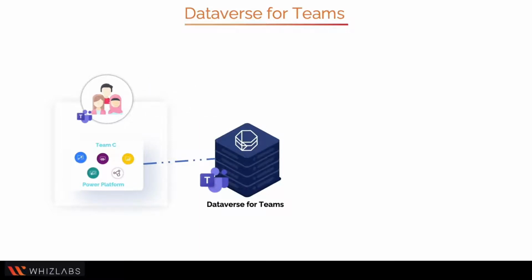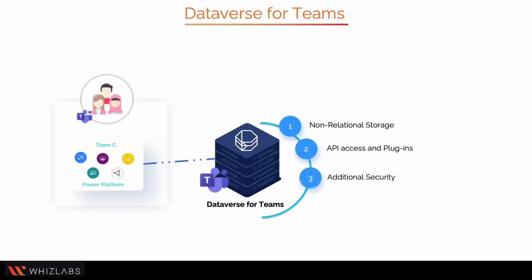You will get one database for one team with Dataverse for Teams, and it will last as long as the team does. The primary and most significant distinction is that Dataverse for Teams does not include all of the database's features. Dataverse has non-relational storage. It comes with API access and plugins, and it also comes with additional security features like column level and hierarchical security, sharing, and auditing.